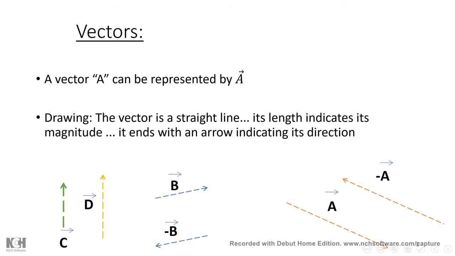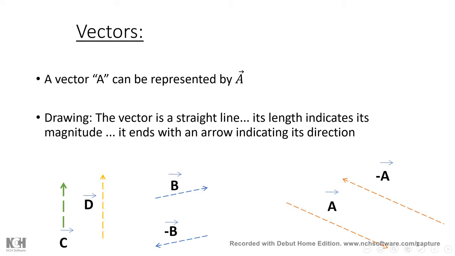The vector minus A is also 14 units of length, but with opposite direction. This is the vector minus A. Look at this vector, which is B. It is 7 units to the right, upward. The vector minus B is the same length, 7 units, but with opposite direction.